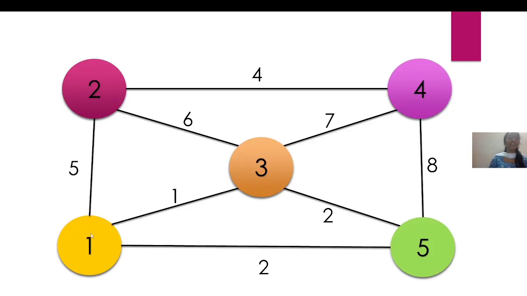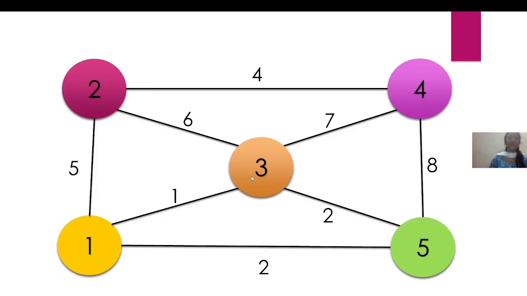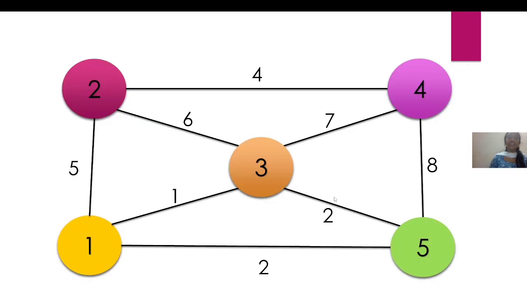If we have a direct edge between two vertices, then the edge weight will be written in the matrix. That is, from 1 to 2 we have the edge weight 5. So from 1 to 2 the edge weight is 5 and 1 to 3 the edge weight is 1. 1 to 4, there is no direct edge, so in that place we are going to write infinity. 1 to 5 there is a direct edge, that is 2.